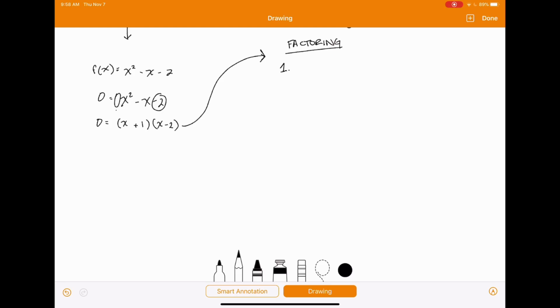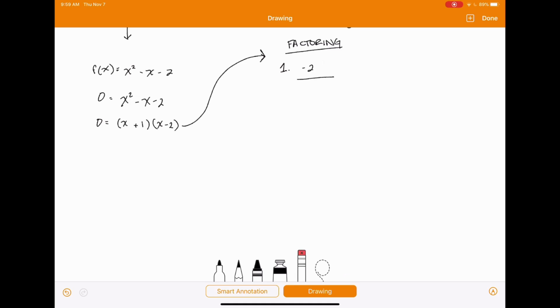So this is going to be your A and your C. So you're going to multiply those together. So in our case, we've got 1 times -2. So that's going to be -2. So now I've got to find two numbers that multiply to be -2, but add up to be this middle number here. So in our case, a -1.